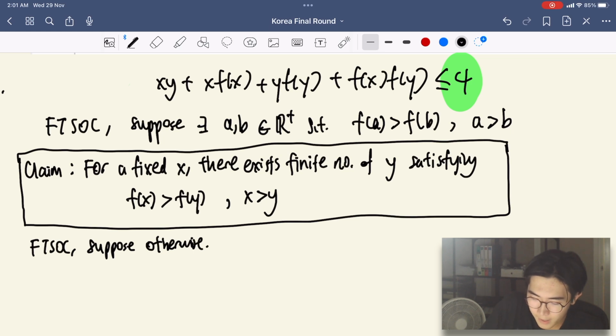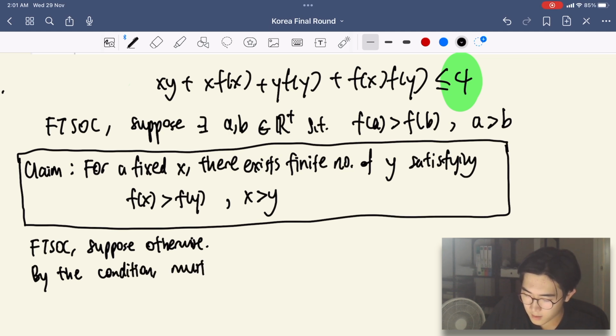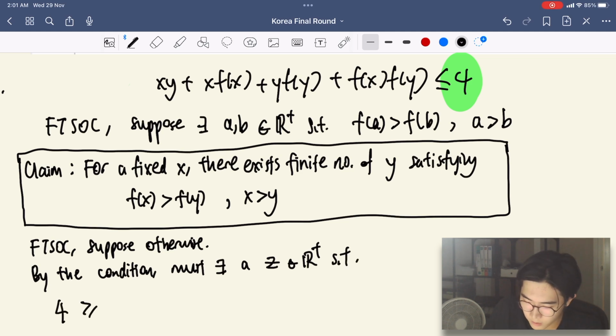Then by the condition, there must exist z in the positive reals such that 4 is less than or equal to (z plus f(x)) multiplied by (x plus f(z)).